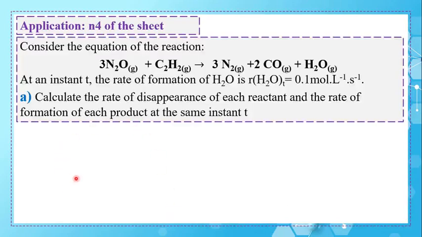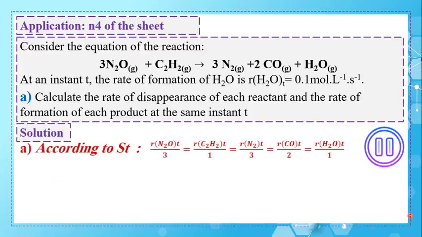Please take 3 minutes to solve part A. The solution of part A. According to stoichiometry, the instantaneous rate of disappearance of N2O over the stoichiometric coefficient 3 is equal to the instantaneous rate of disappearance of C2H2 over 1 equal to the instantaneous rate of formation of N2 over 3 equal to the instantaneous rate of formation of CO over 2 is equal to that of H2 over 1. We want to calculate the instantaneous rate of each reactant.